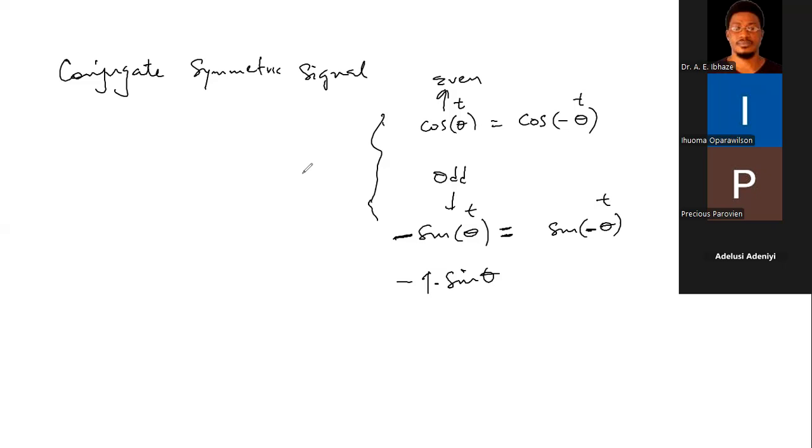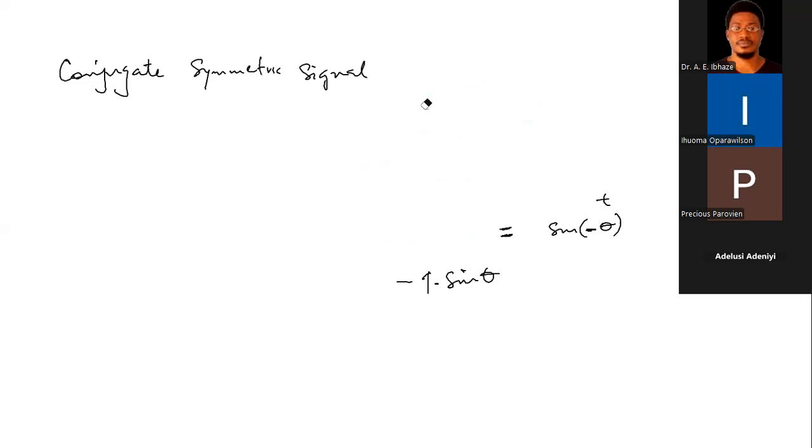Yeah, so we now move on to conjugate symmetric signals. I remember when you played with complex numbers, you talked about rationalizing. When you want to rationalize, you change the sign of the imaginary component, isn't it?